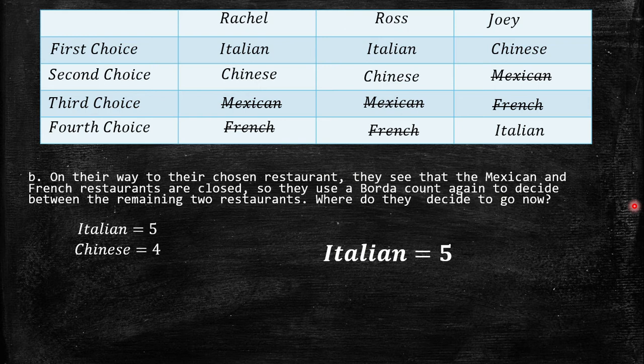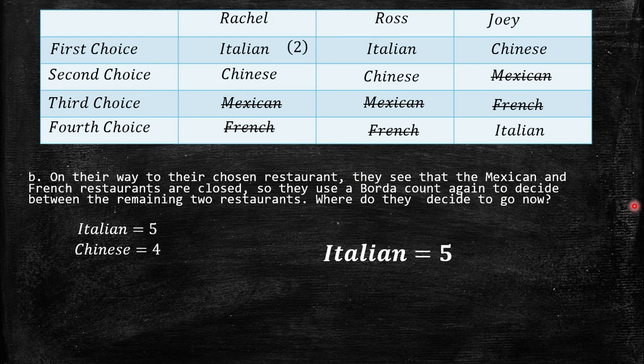The automatic response could be that obviously you're going to go to the Chinese restaurant. So why is it important that Mexican and French are closed? Definitely it has some inconvenience because of the Borda count.